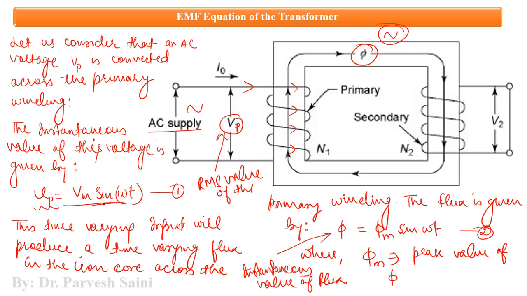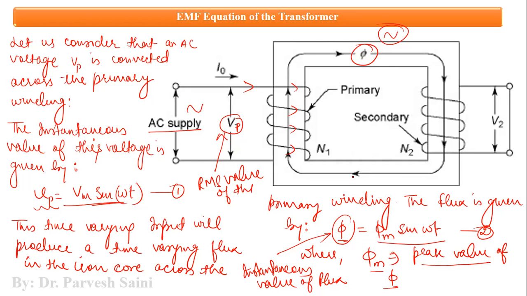The instantaneous value of the input voltage is given by Vp equals Vm sine omega t, and this time varying voltage produces a flux, which is also an AC flux or sinusoidal flux or bidirectional flux. So the instantaneous value of that flux is given by phi equals phi m sine omega t, where phi m is the peak value of the sinusoidal flux.